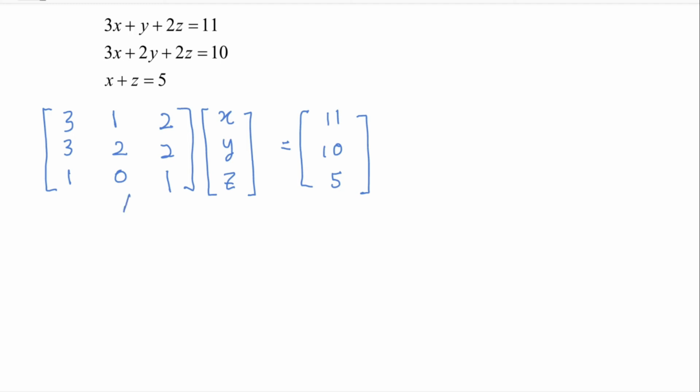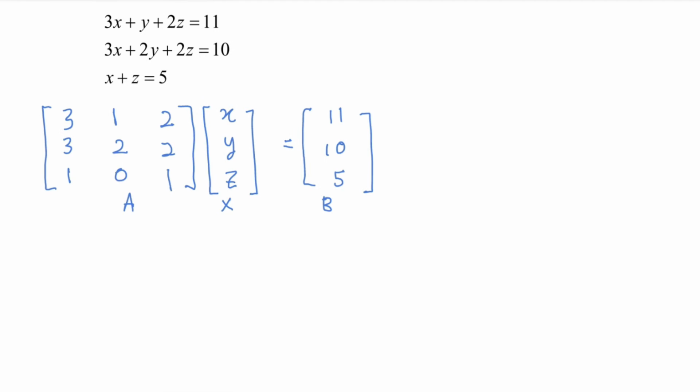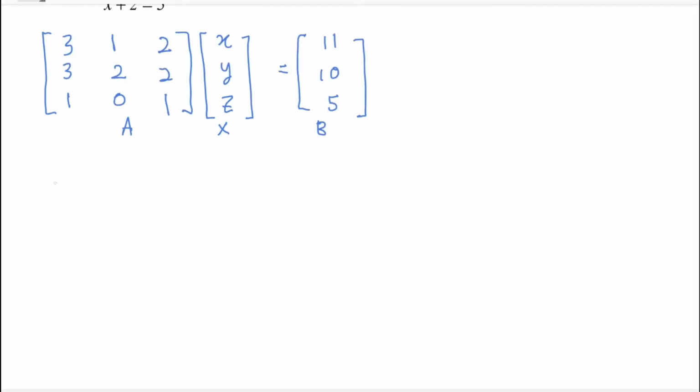Here is the matrix A, matrix X, and matrix B. Then, for the second step, you need to find the A inverse by using the adjoint method, which is 1 over modulus A times adjoint of A. What is adjoint A? Adjoint A is the matrix of cofactor of A that we transpose.